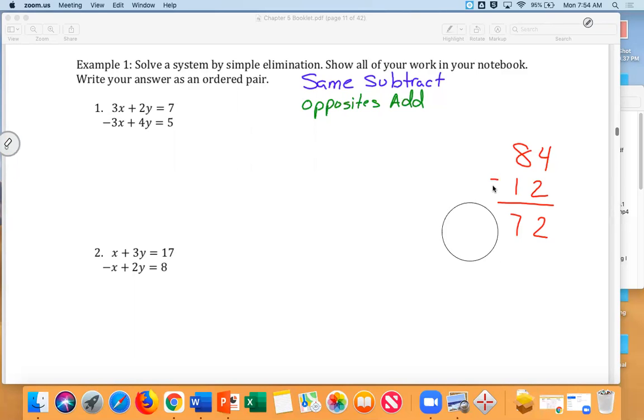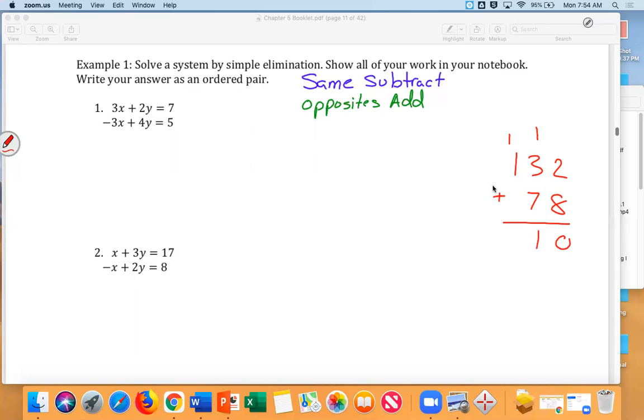Or if I was like, oh, hey, Neve, we're going to do 132 plus 78, and you would do, all right, 2 plus 8 is 10, carry my 1, 1, 3, that's 4, plus 7 is 11, carry my 1, 1 and 1, then we got 210. Do you remember that stuff? That's what we're going to do here. But the object of it is not to get numbers, but to get rid of a variable.